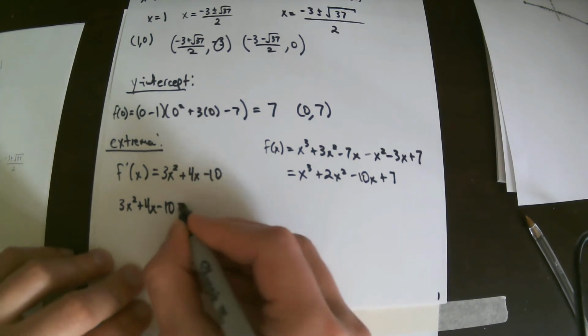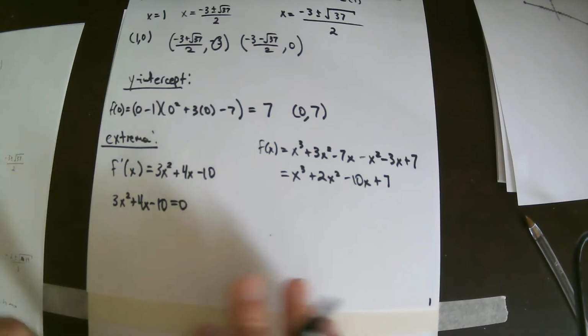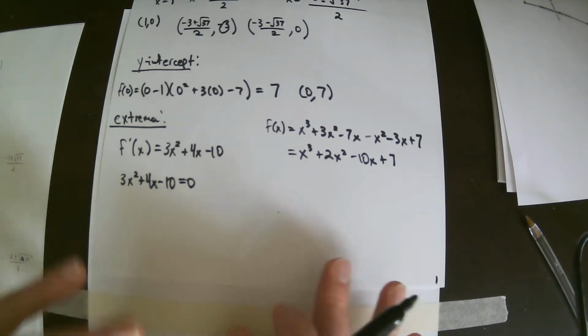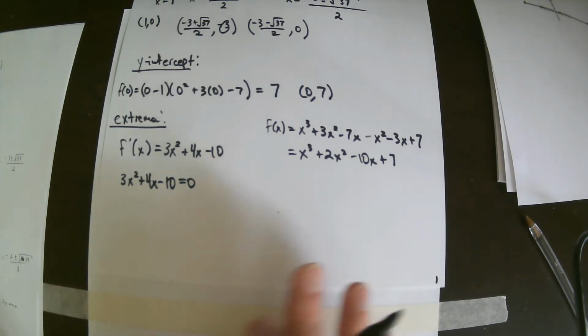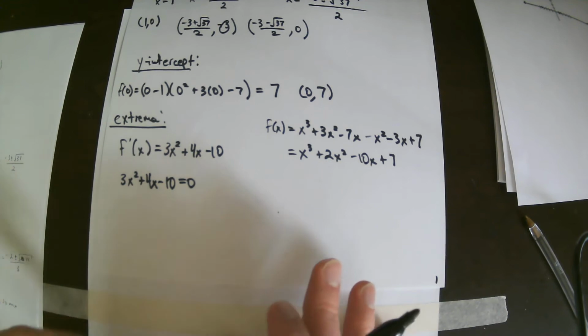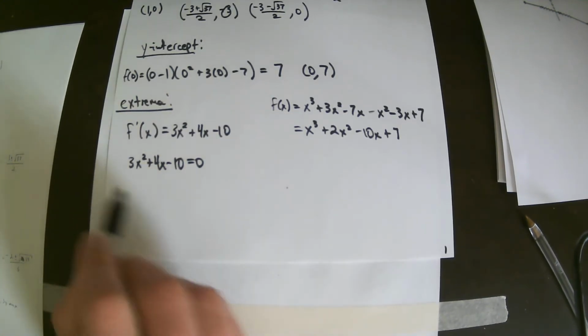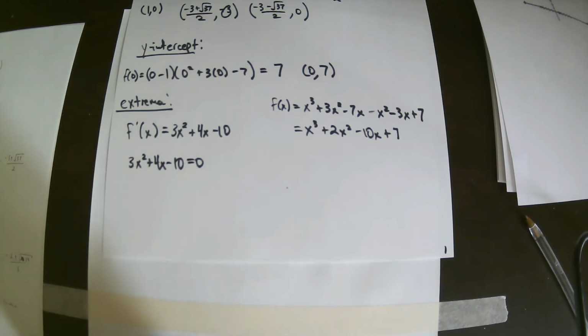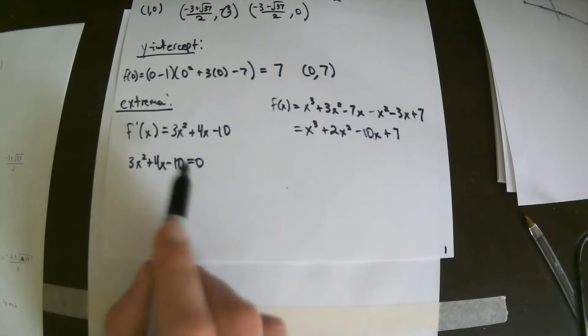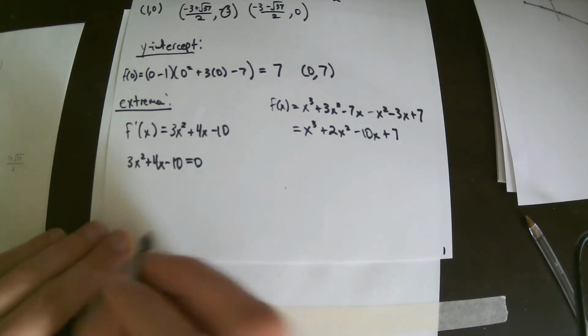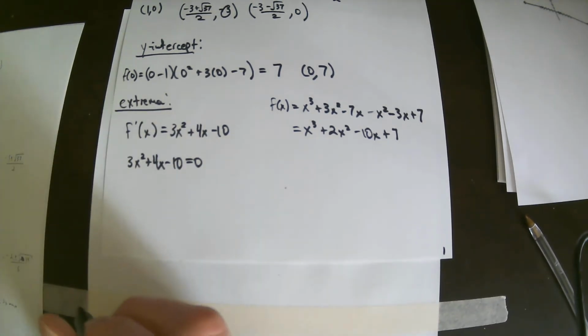There's no x in the denominator or under square root or anything like that. This is defined for all values of x. So I'm not going to get any weird extrema values at singular points for my derivative. But there are some places where this can be 0. And again, I'm going to want to use the quadratic formula because this is a quadratic function that I'm trying to find the zeros of.